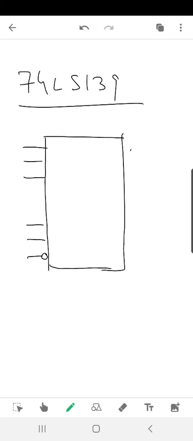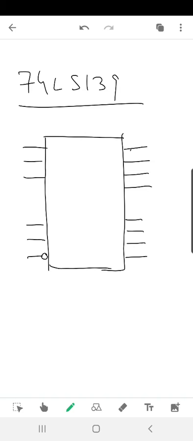We have 4 outputs for active high, and we have 4 outputs for active low. Hence, when we talk about the pin diagram of this IC, we have a total of 8 outputs and a total of 6 input pins. Two input pins are for enable. One enable is for active high and one enable is for active low, and then we have 2 inputs for active high and 2 inputs for active low.